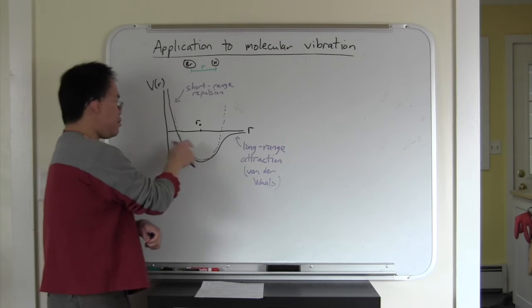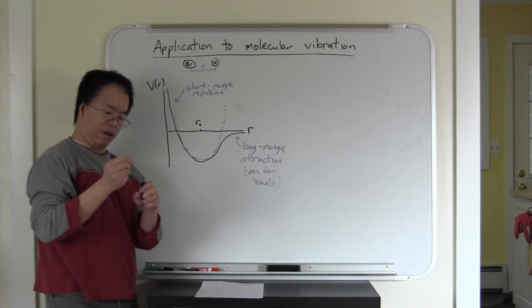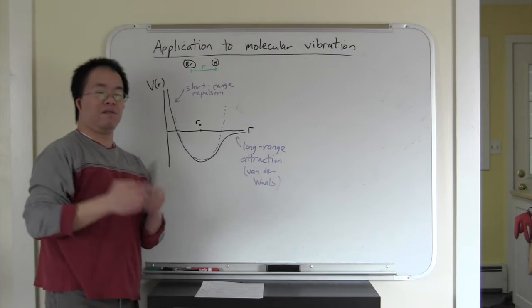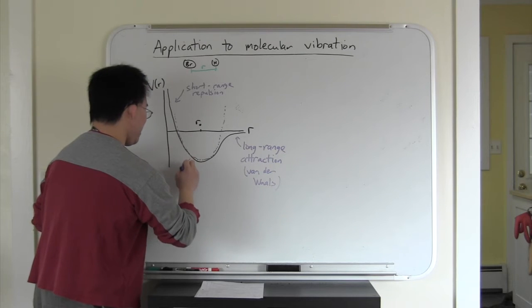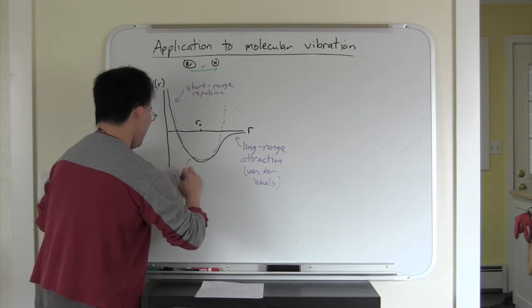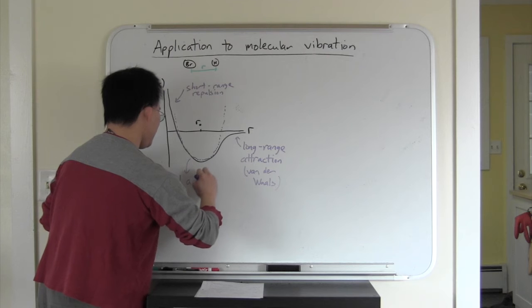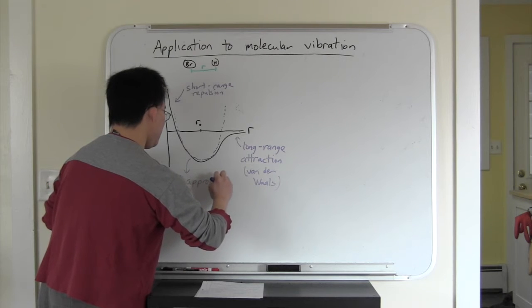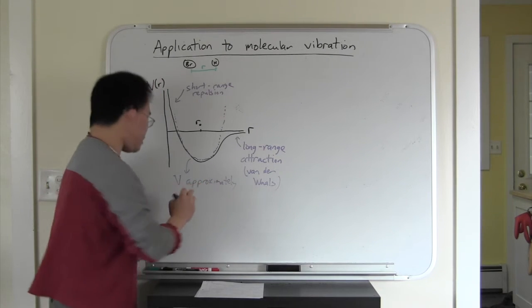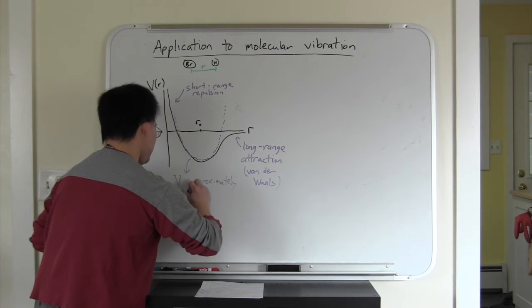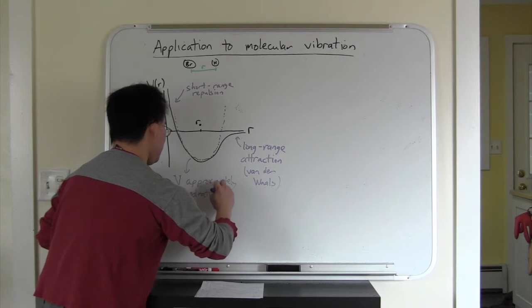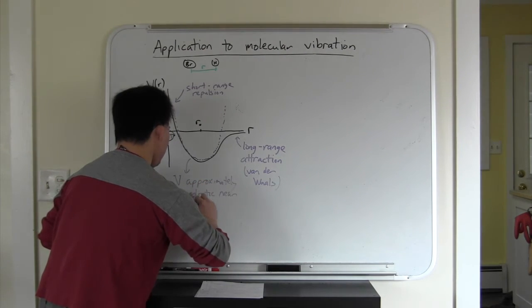As long as I don't get too far away from r equals r0, near the equilibrium, V is approximately quadratic near r0.